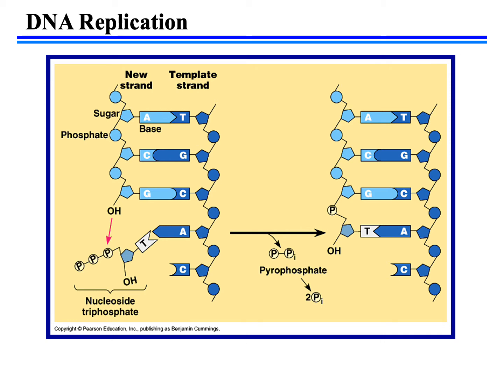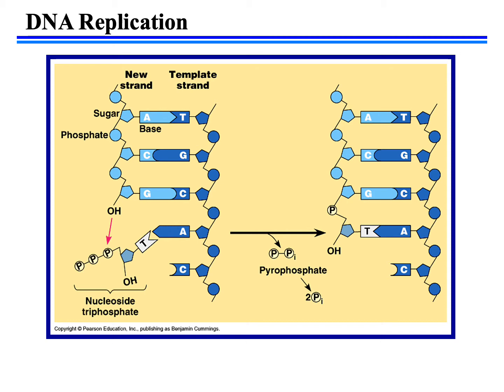Based on that semi-conservative model of replication, the two original strands have to separate and each strand acts as a template. So here you have again the dark blue representing the template strand and the newly synthesized strand in the replication process in the light blue. What is important to note is that what is required for DNA synthesis is referred to as a nucleoside triphosphate.